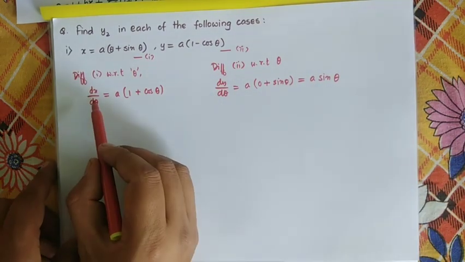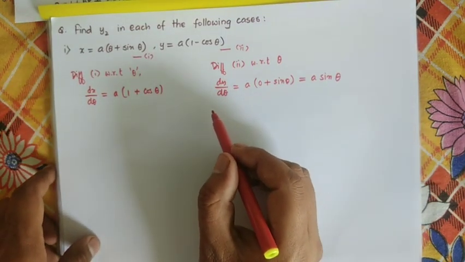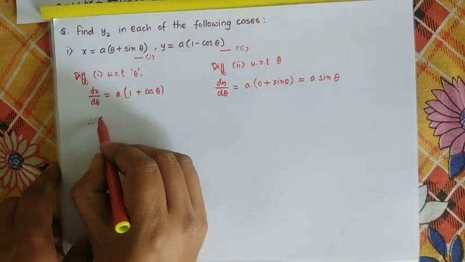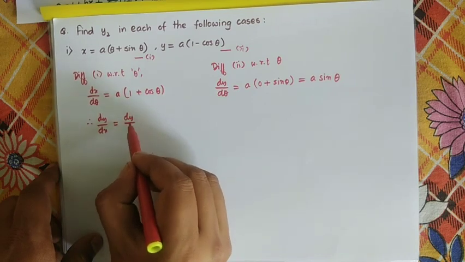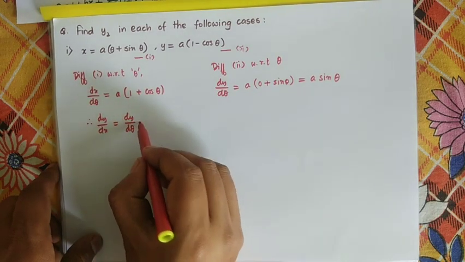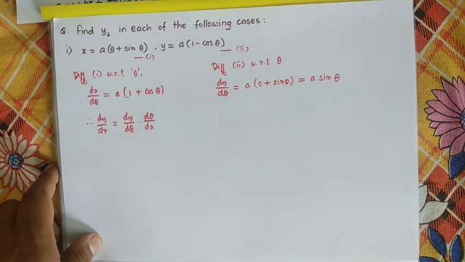Okay, so we got dx by d theta, we got dy by d theta. Then we are ready to find the first order derivative, that is dy by dx, and that will be equal to dy by d theta into d theta by dx.